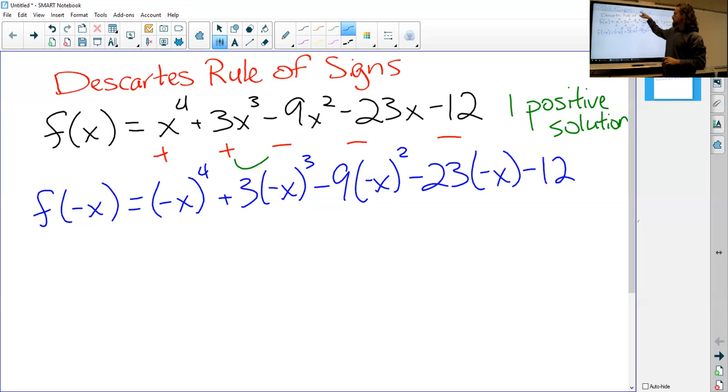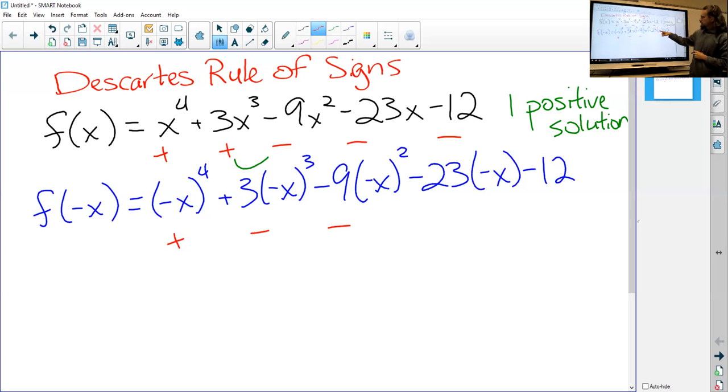And then we simplify these. We're going to do that again. But really, all I care about are the signs, right? So negative x to the fourth power, since that's even, is going to come out to be positive. Negative x to the third is negative, so the second term is going to be negative. Negative x squared is positive, but a positive times a -9 is going to come out negative.